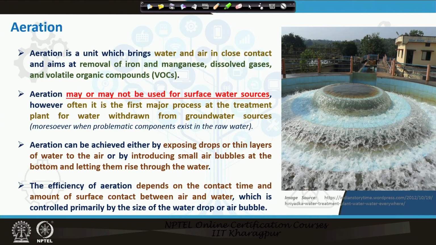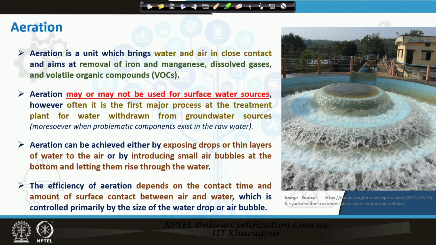So, we may or may not use the aeration process for surface water sources. Still, if there are impurities present which could be removed by aeration, we may go for aeration even for surface water sources, but often we avoid aeration when abstracting water from surface water sources.